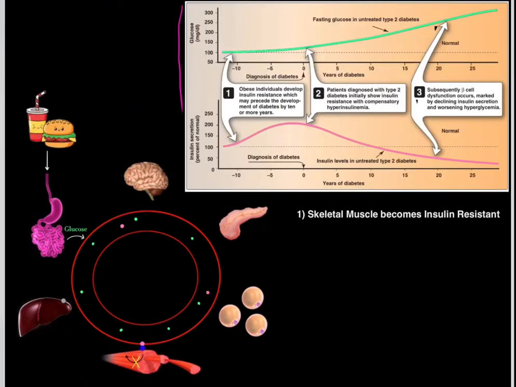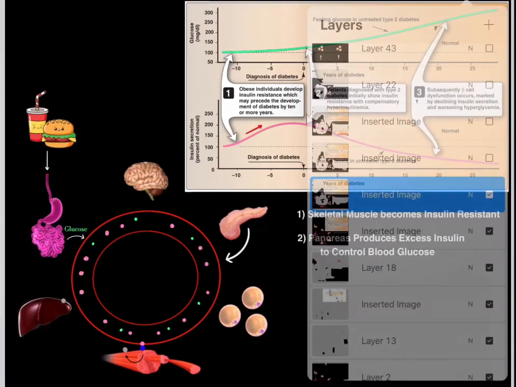So let's say these graphs represent the time course of type 2 diabetes. First, the skeletal muscle is going to become insulin resistant, where it's not responding to that insulin very well. So even though the insulin binds, it expresses very few GLUT4 transporters. Therefore, to compensate for the skeletal muscle insulin resistance, the pancreas is going to release excess insulin.